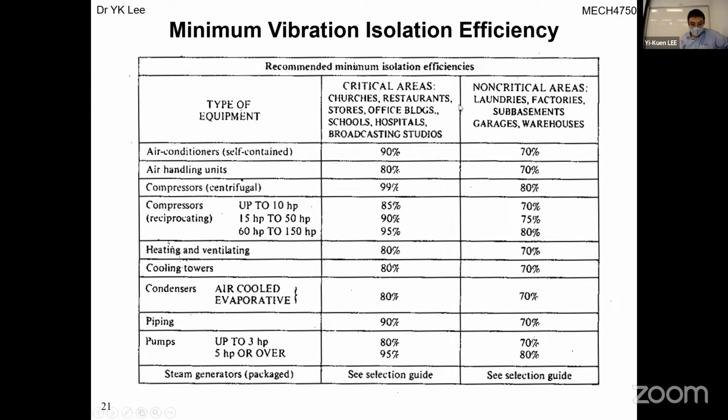In practical engineering, sometimes your boss may not give you a real specification, so you may look at typical industrial standards. For example, for an air conditioning system in a critical area it's 90% isolation, then critical 70%, and for steam engine generators and many other things, there are different requirements.